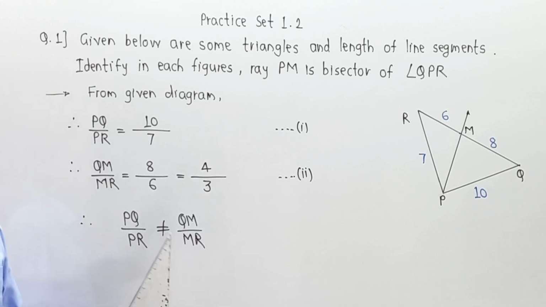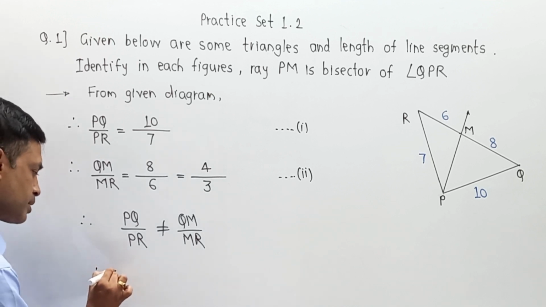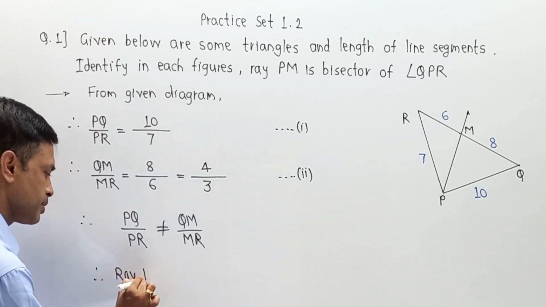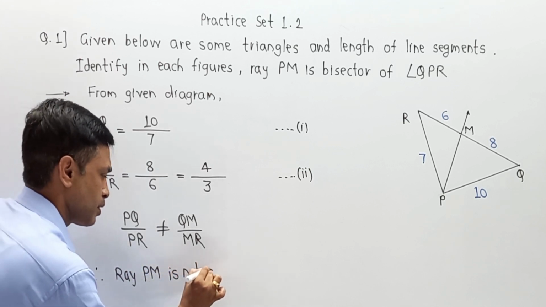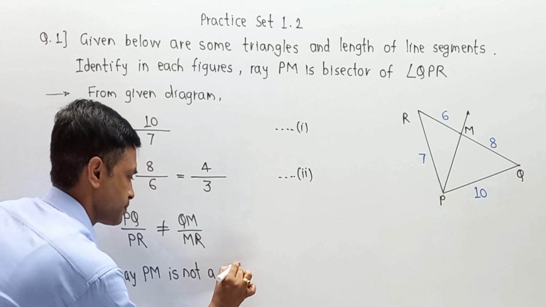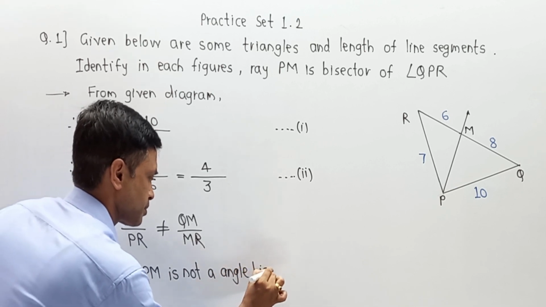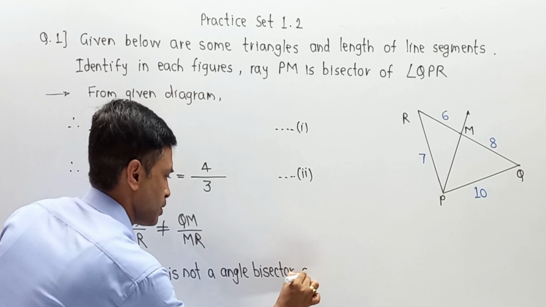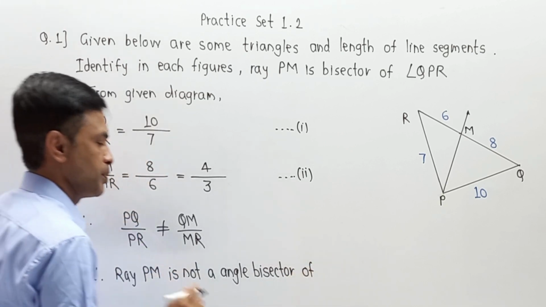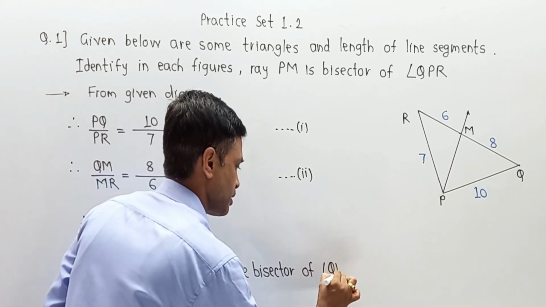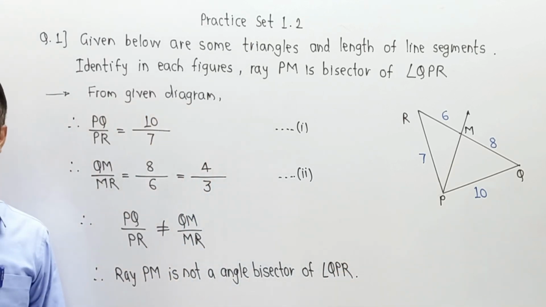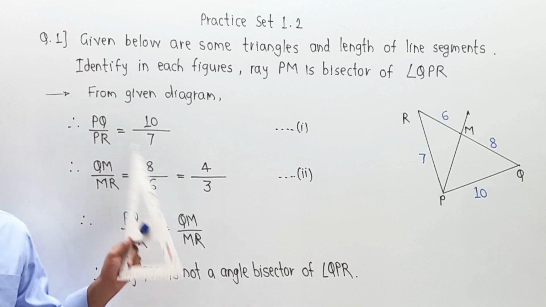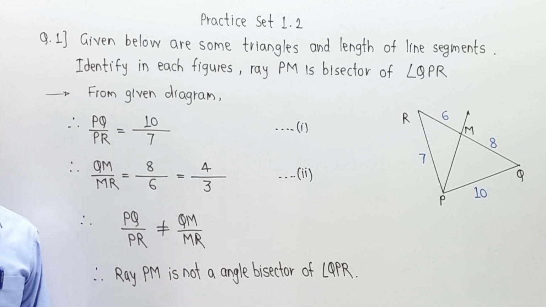So we can say that PM is not an angle bisector, therefore ray PM is not an angle bisector of angle QPR, and this is your second numerical. Please try to understand the presentation and style in terms of representation.